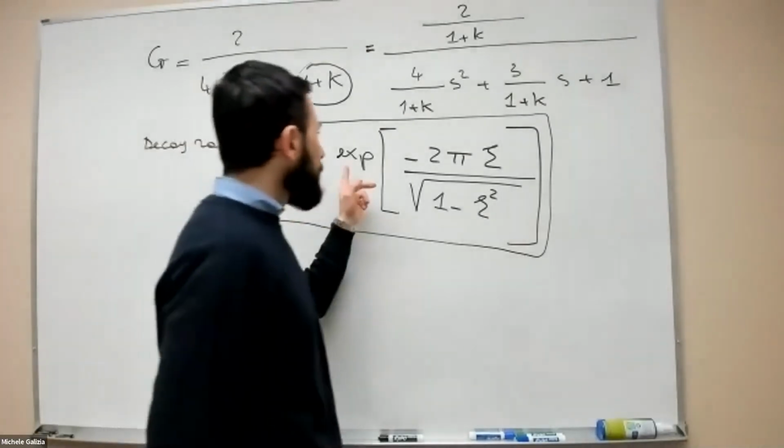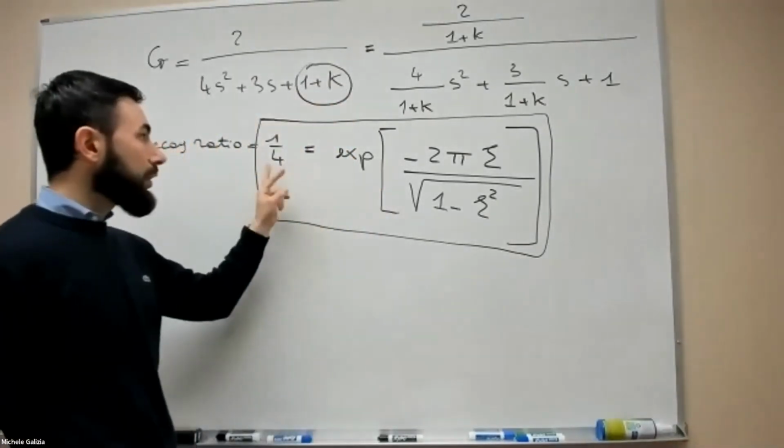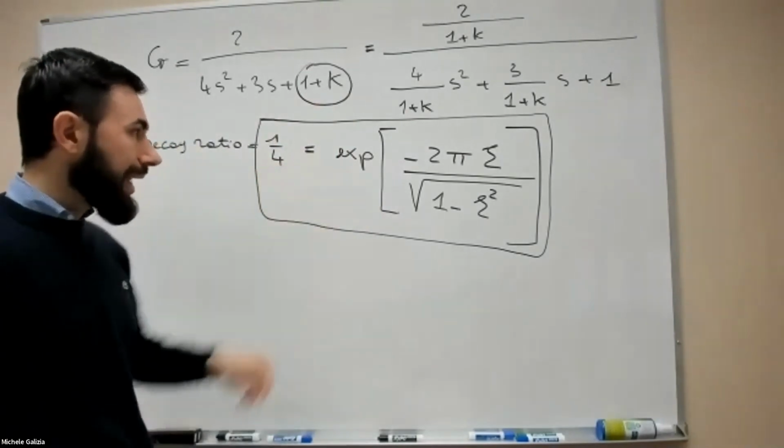First thing first, I would get rid of the exponential, so I would consider the logarithm of both sides.